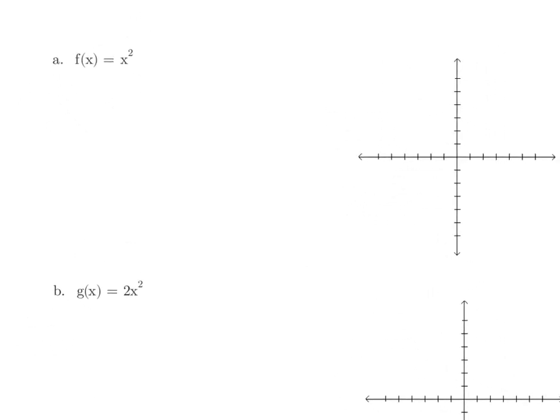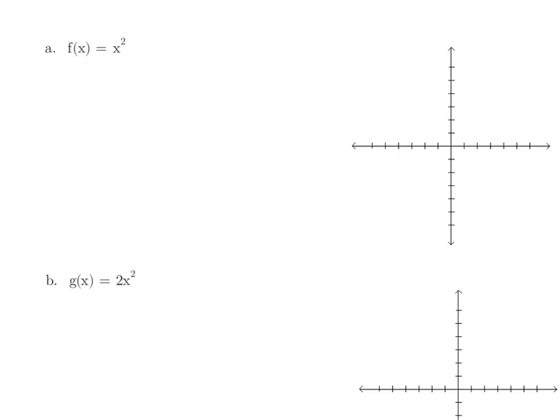So if we start with a, we have f of x equals x squared. Let's go ahead and look at our basic graph. For this one, I'm going to use -2, -1, 0, 1, and 2.